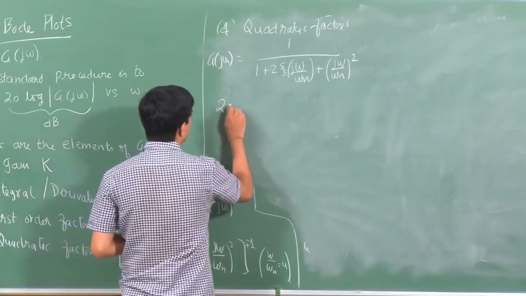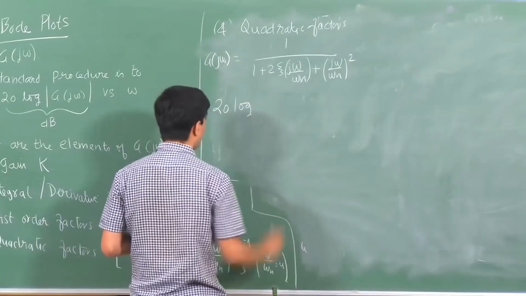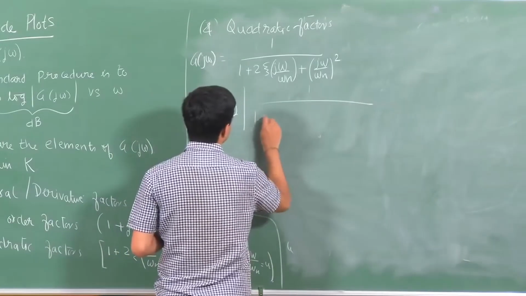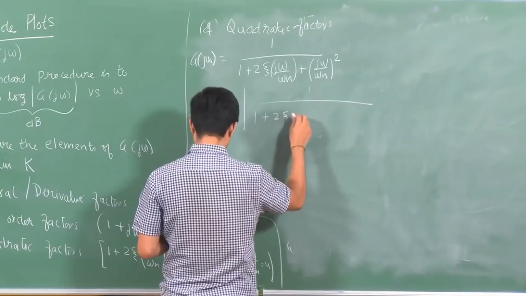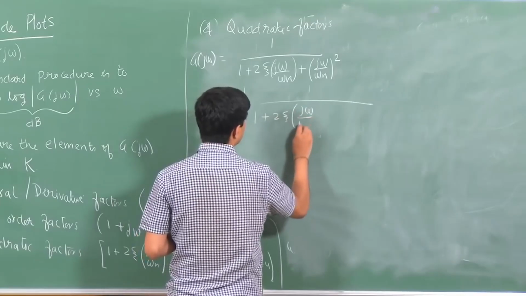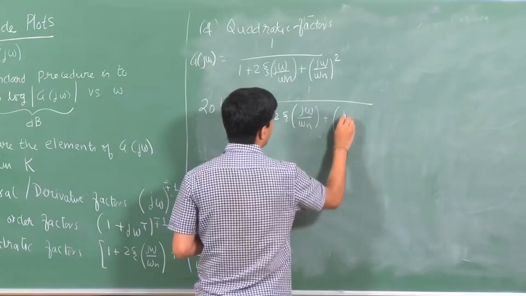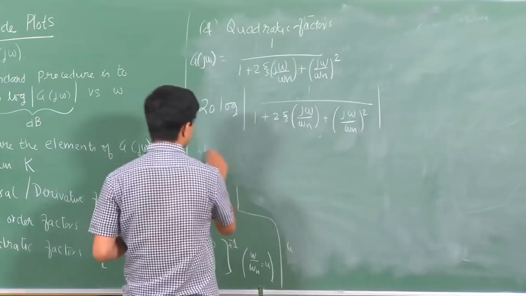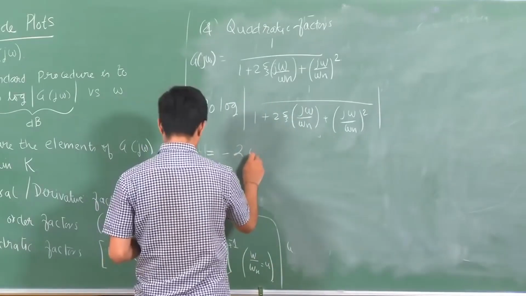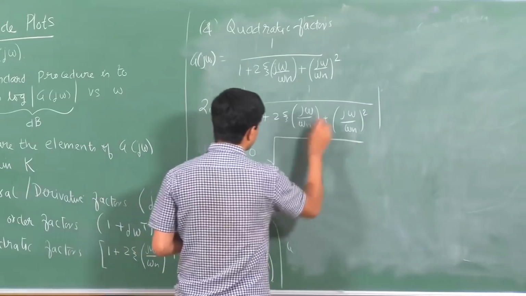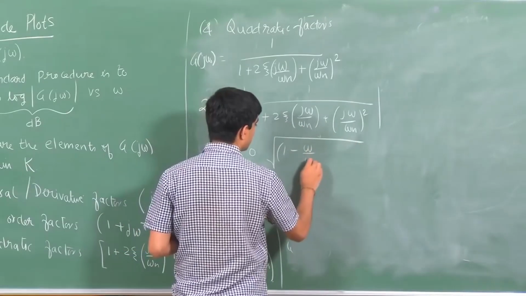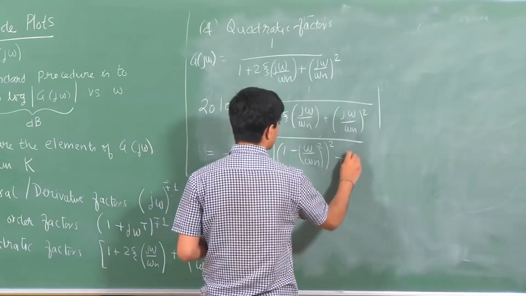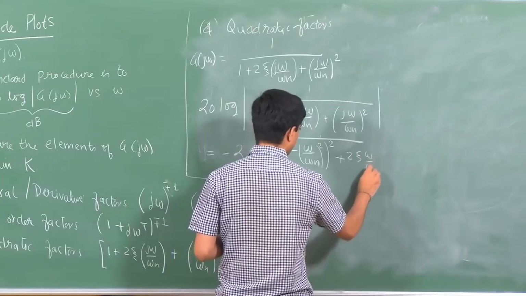I am looking at 20 log of this entire expression, 1 over 1 plus 2 zeta j omega over omega n plus j omega over omega n whole square, so minus 20 log of the magnitude, taking the real part, this is 1 minus omega over omega n whole square plus twice zeta omega over omega n.